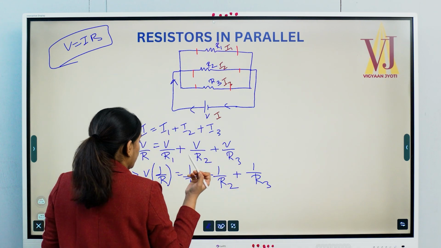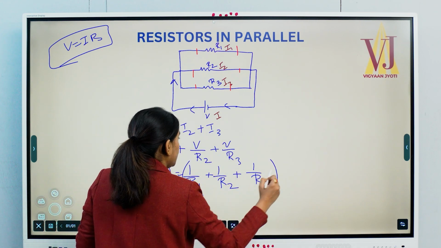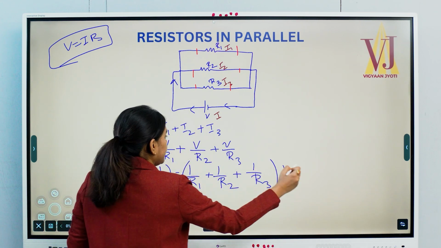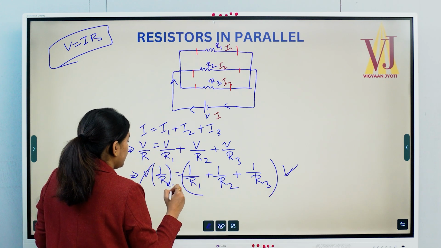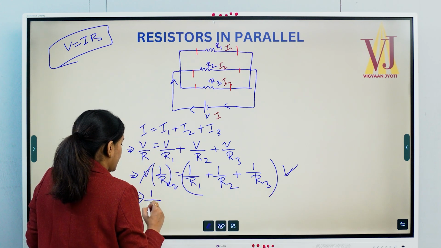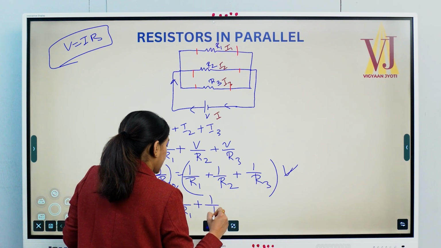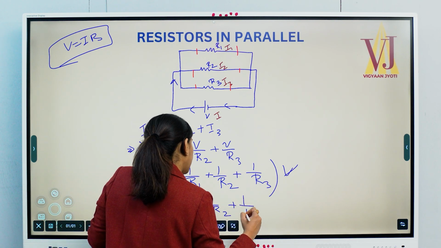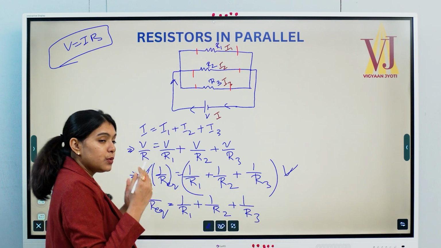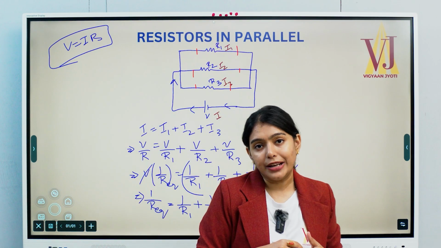This V and this V get cancelled. So 1 by R equivalent resistance is equal to 1 by R1 plus 1 by R2 plus 1 by R3, and we need to take the reciprocal of the answer to find the equivalent resistance.